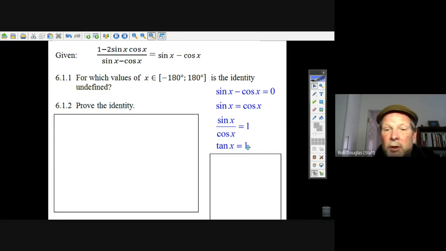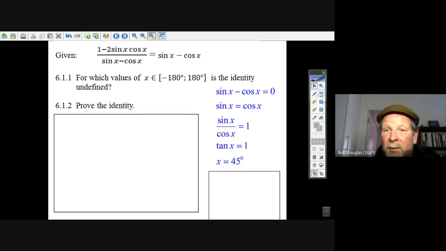We can go shift tan of 1, or maybe you know that the angle that fits with 1 is 45 degrees. Well, 45 degrees works, and then plus or minus 180 degrees. So 45 degrees is one of the answers.